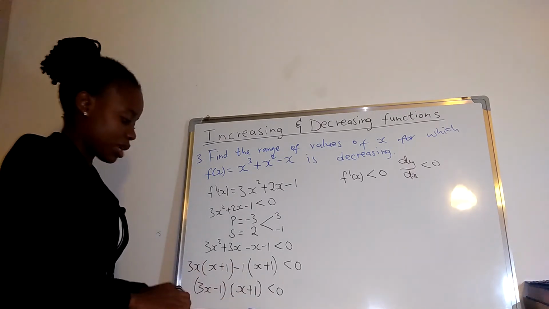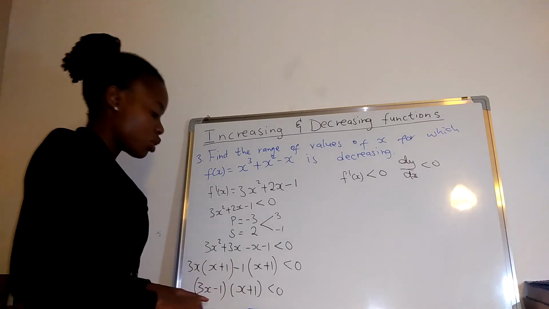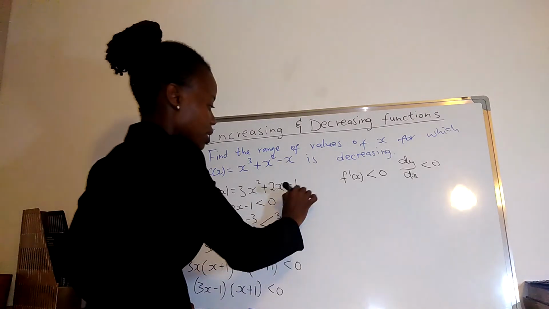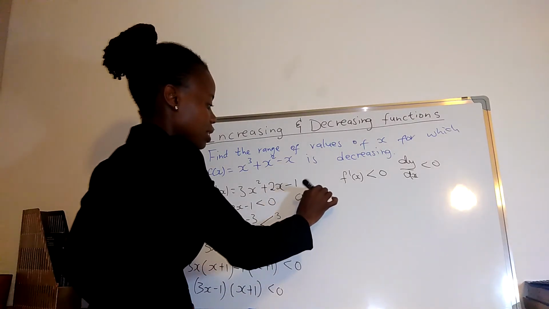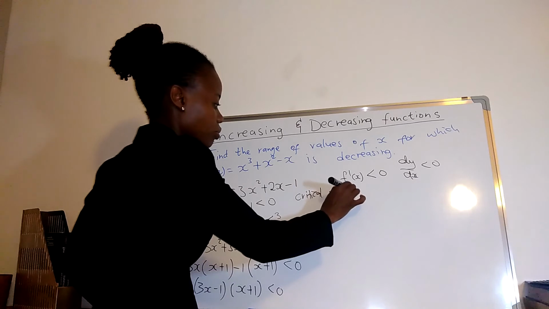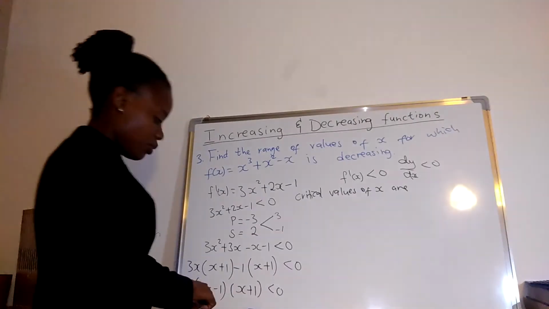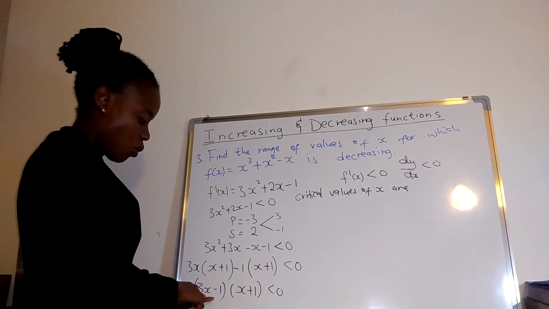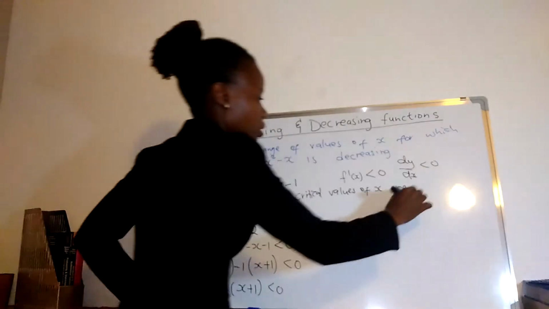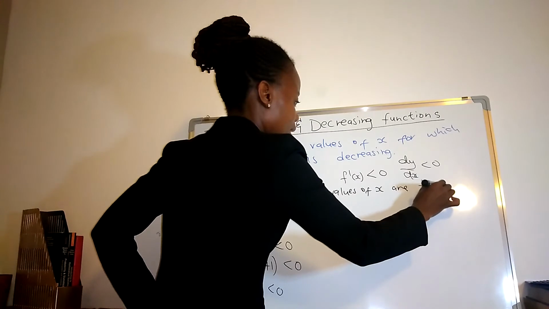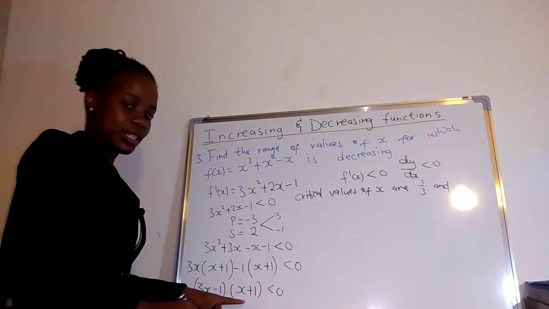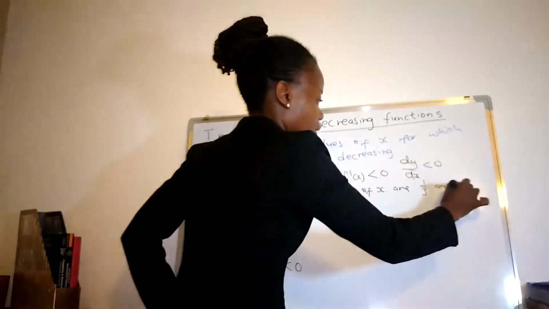We equate the first bracket to 0 and the second bracket to 0 to get our x. So critical values of x are, if you solve for x here, 1 over 3, and if you solve for x here, negative 1.